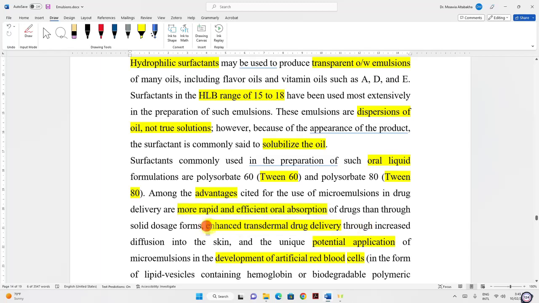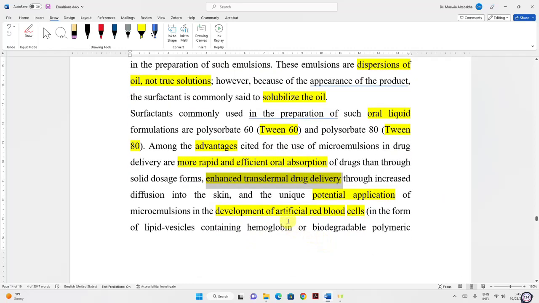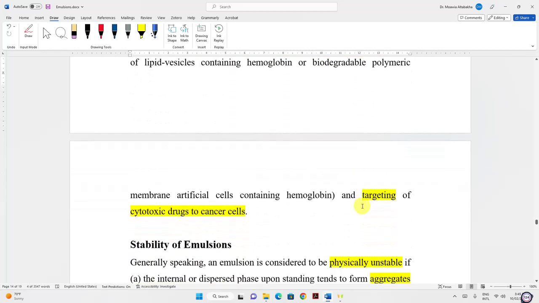They found it to enhance transdermal drug delivery. Also, there is a good application in the development of artificial red blood cells, and also in targeting cancer cells through cytotoxic drugs. Cytotoxic means drugs that cause toxicity to the cancer cells.